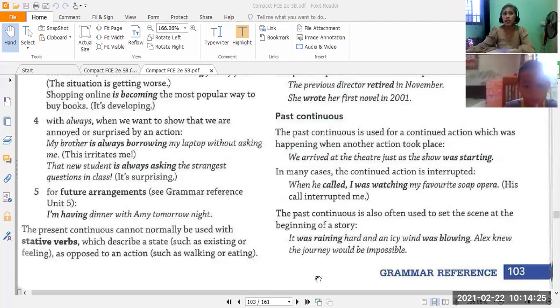This is past continuous because of the word was plus the verb with ing, like watching, was blowing. Do you understand? Very good, Kayo.